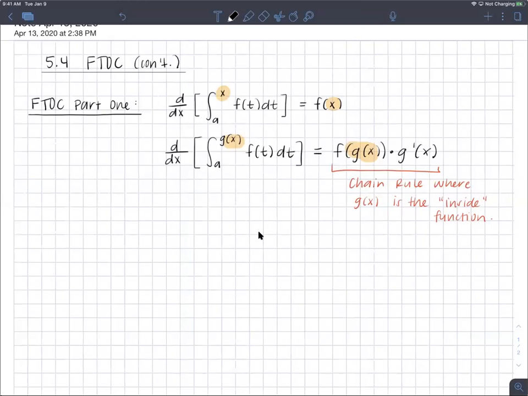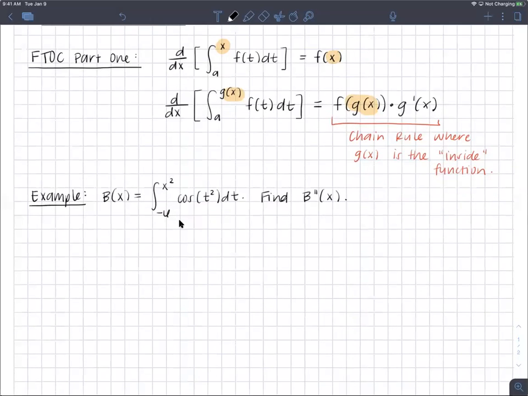But let's continue this. Let's do one more example with this. So example, if we're told that capital B of x is equal to the integral from -6 to x squared of cosine of t squared dt, they want us to find the second derivative of capital B. So to find the second derivative, I should probably start by finding the first derivative.